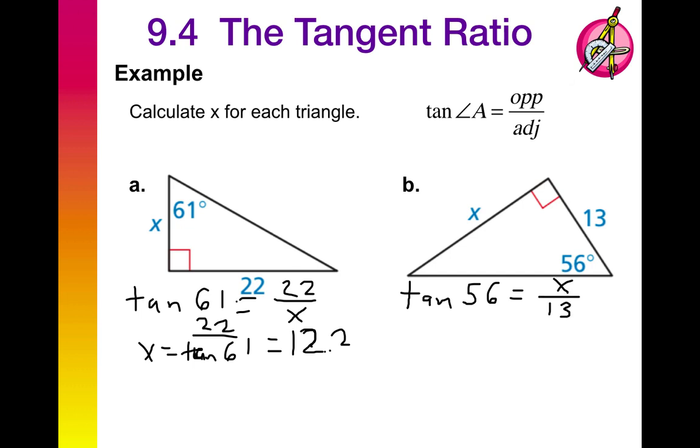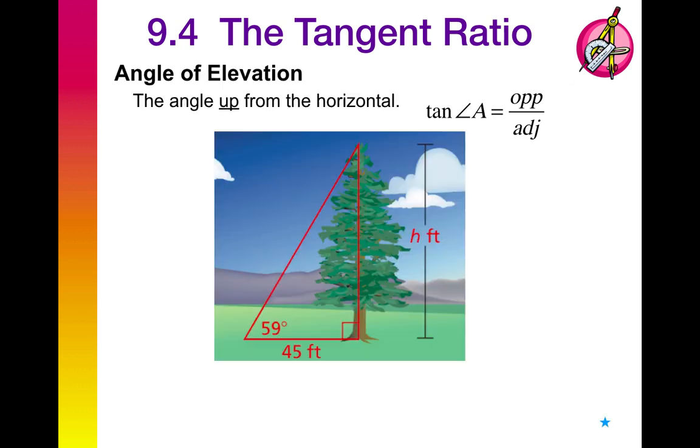So when I multiply each side by 13, I get x equals 13 times the tangent of 56. And when I work that out on my calculator, I come up with approximately 19.3. So the length of that side x is 19.3 by using the tangent ratio and my calculator.